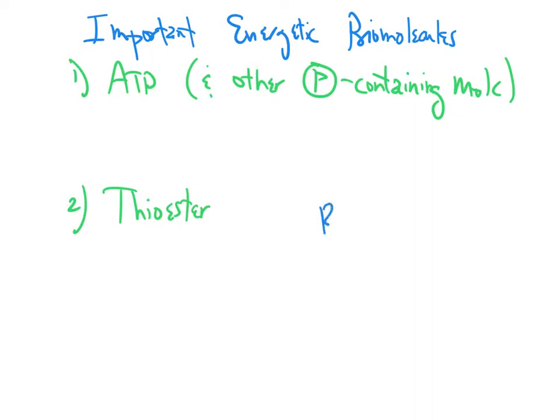It has R, C, double bond O, O, technically R prime. Okay, so that's an ester. So what would be a thioester? The thio means sulfur. So where can we put a sulfur? Sulfur will replace what?